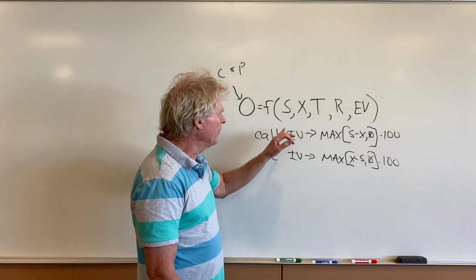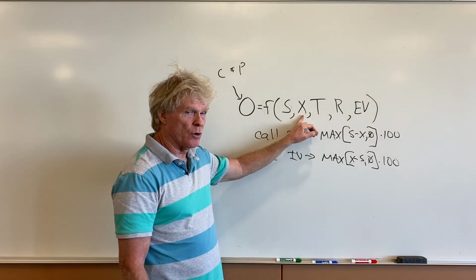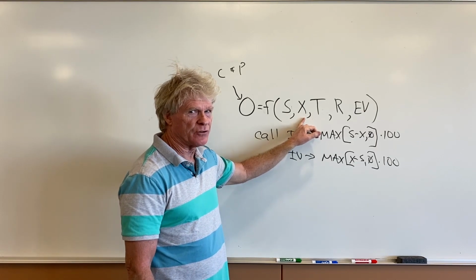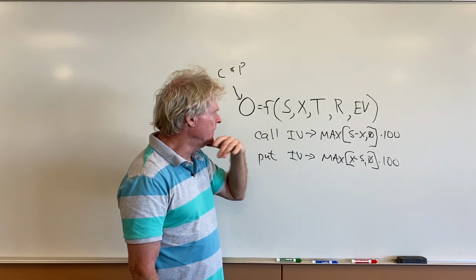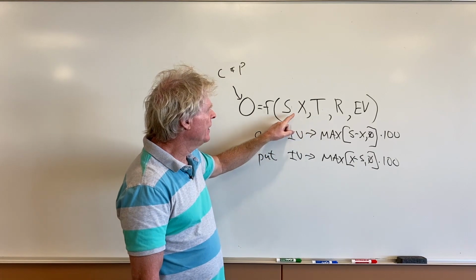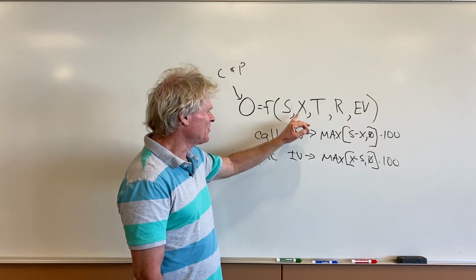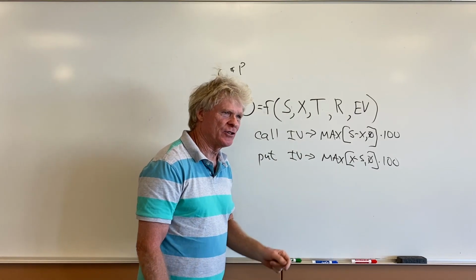One important thing to keep in mind is X, as I've mentioned earlier, is an attribute or a characteristic of the option. Okay, and it is what it is and won't change. The strike price of an option will not change.